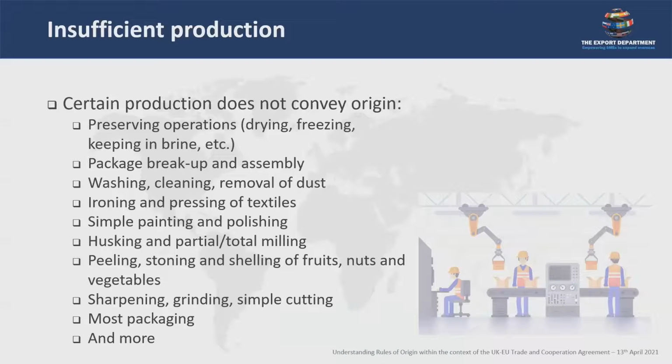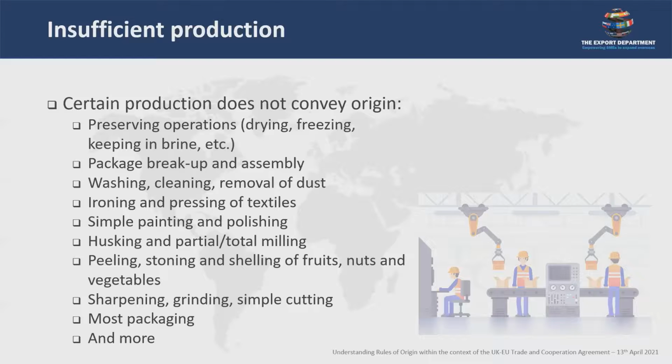Okay, insufficient production is really important to mention as well, because this trumps product specific rules. Even if your product meets all of the requirements of that product specific rule, if the processing that you're doing in the UK is insufficient, then you cannot determine those goods are of UK origin.